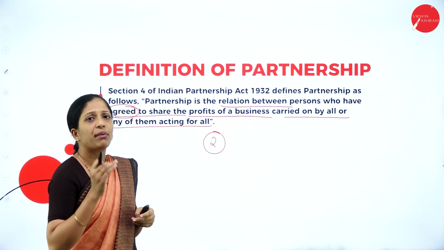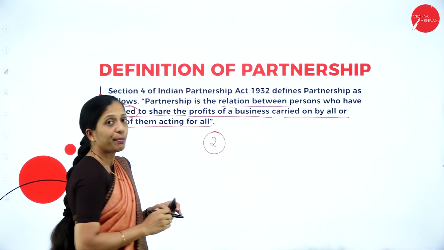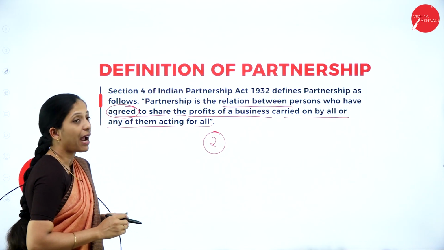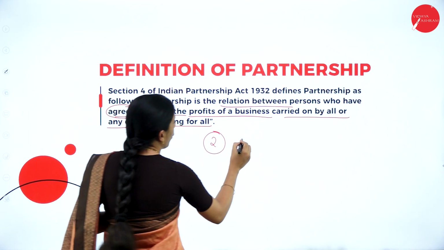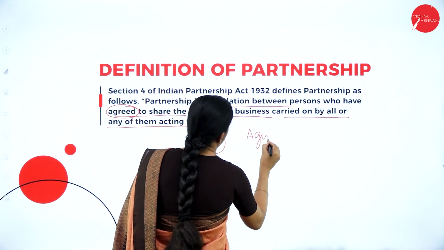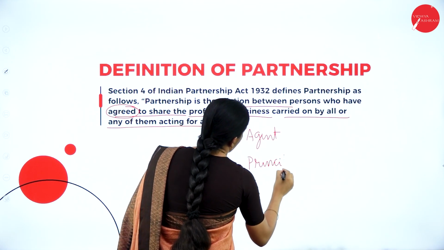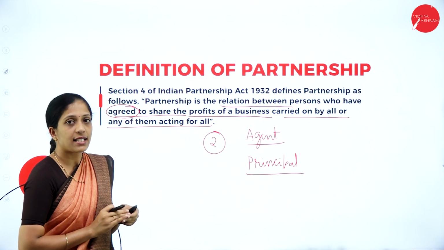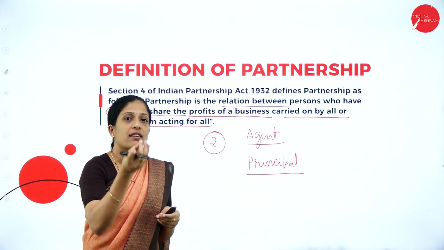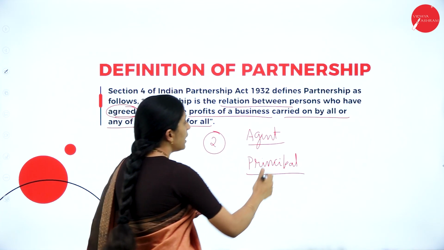And at the same time, in this sentence, carried on by all or any of them acting for all, it means that each and every partner is both an agent as well as a principal. When he acts as an agent, suppose the other partners take a decision and he follows it, he acts as an agent.